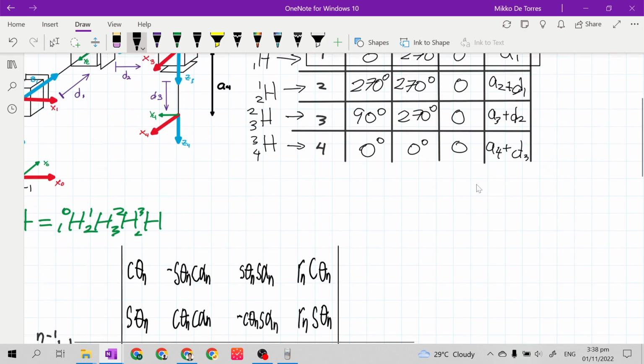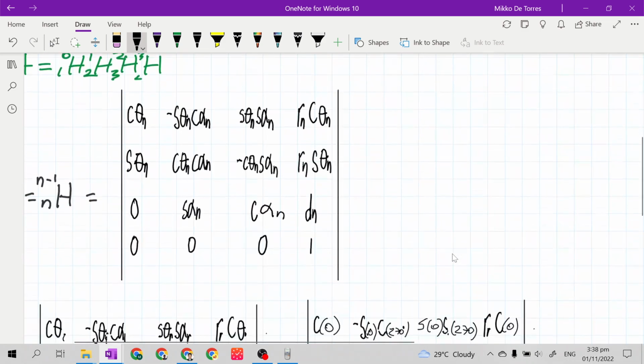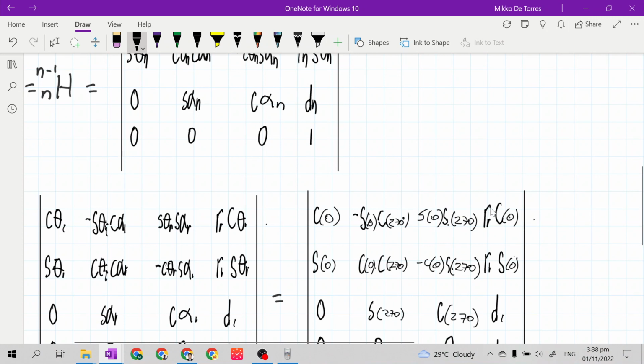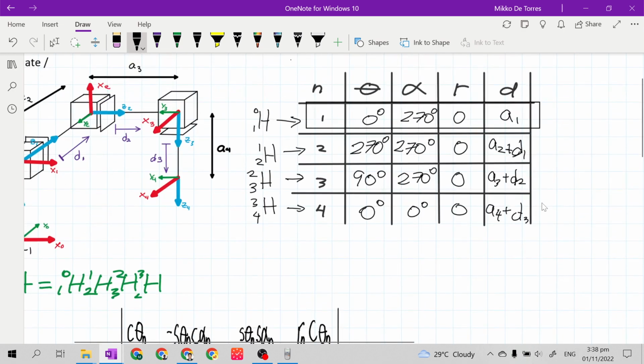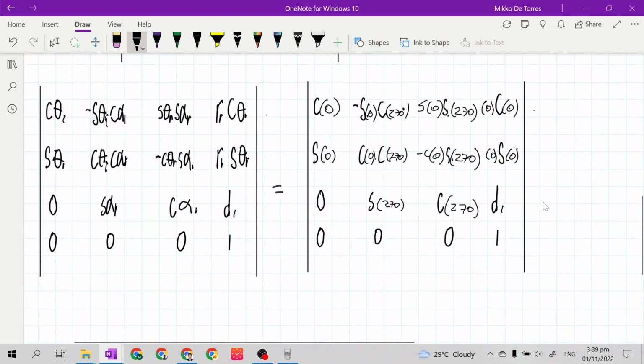Next, the value of r. The value of r is 0, so those entries become 0. Then d sub 1 is a sub 1. We don't have a value for a sub 1 yet, but d sub 1 now is a sub 1. Then simplify.